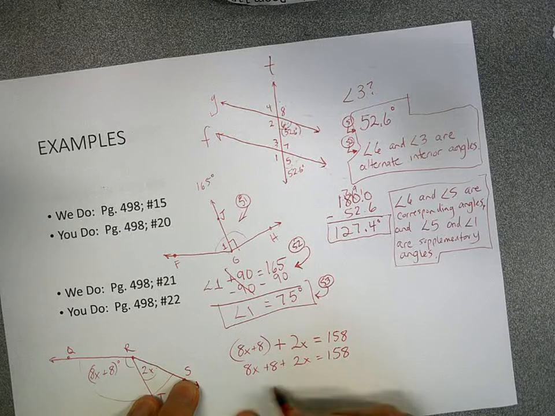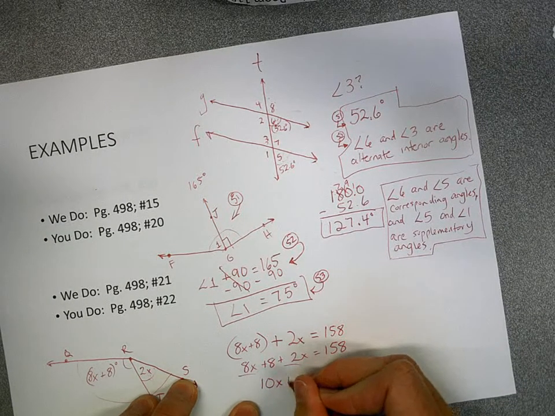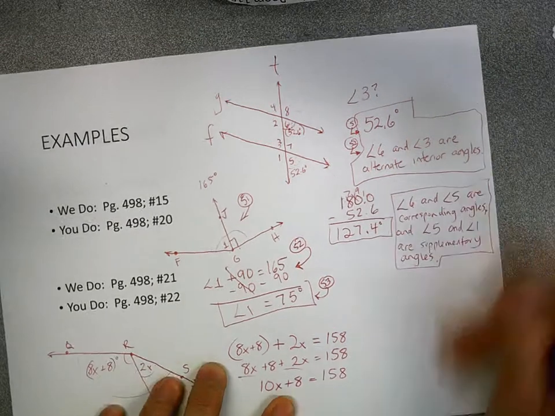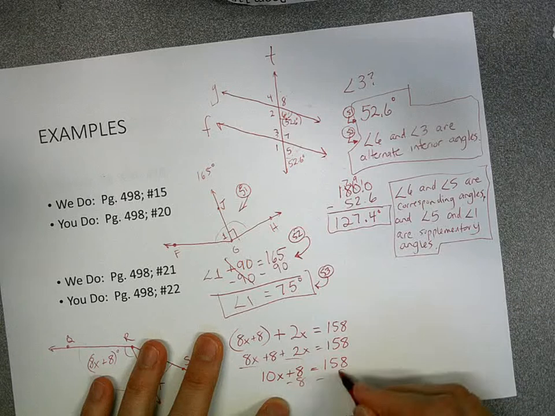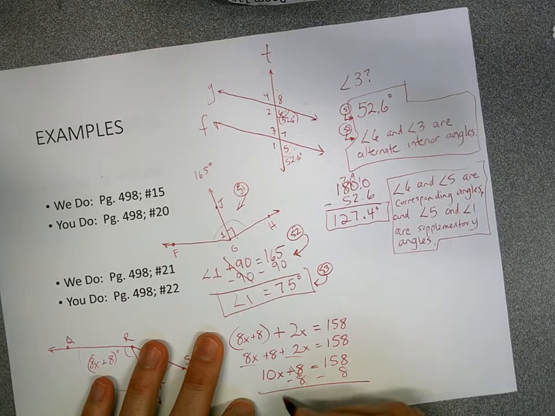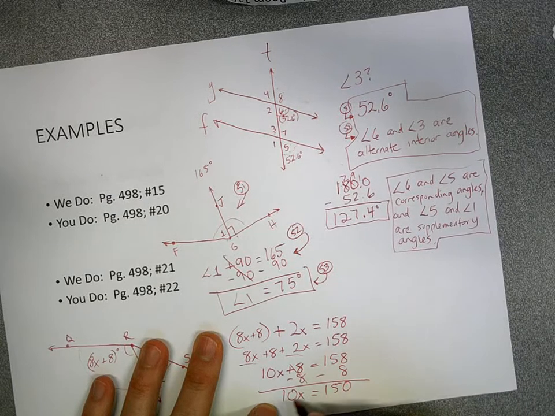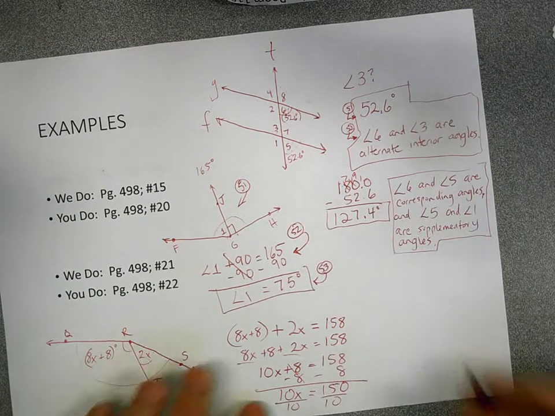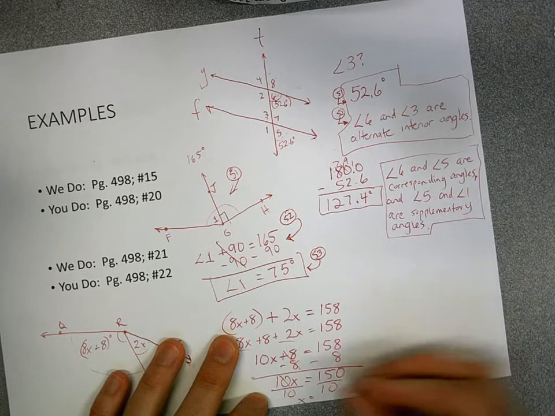We have 8x and a positive 2x, which gives us 10x. So 10x, and then bring my positive 8 down, equals 158. Then it's a two-step equation. Subtract 8 from both sides. Get 10x equals 150, and divide both sides by 10. And that leaves us with x equals, of course, 15.